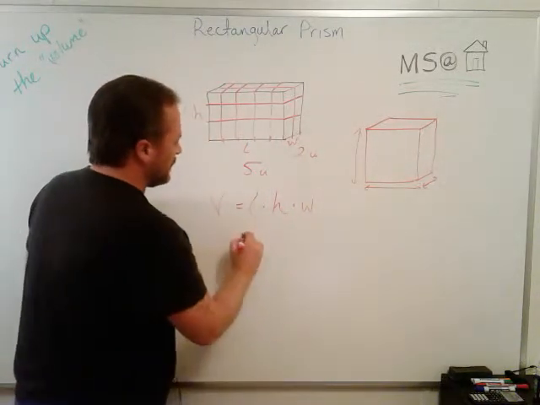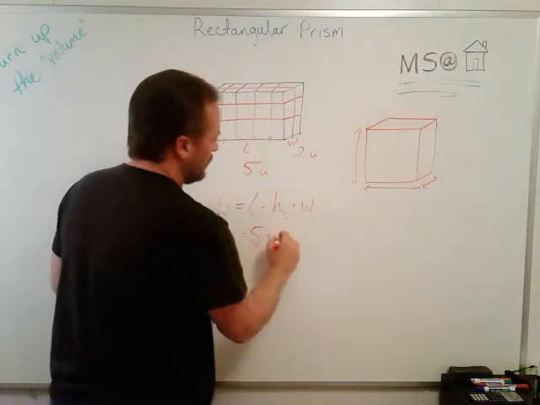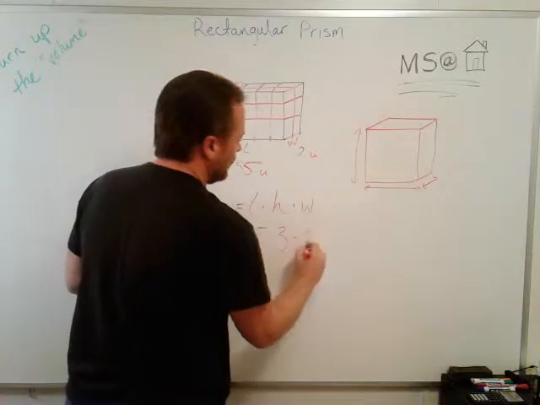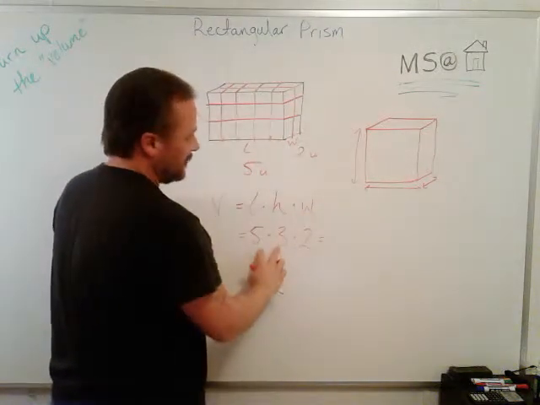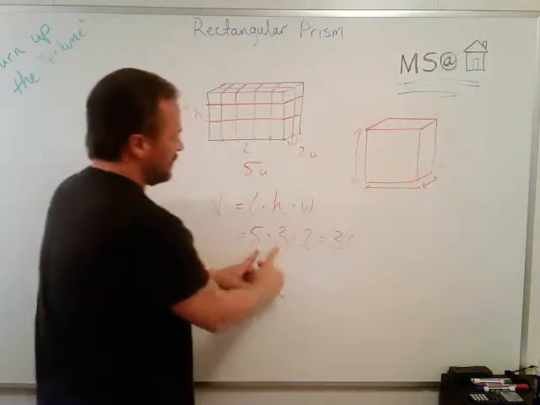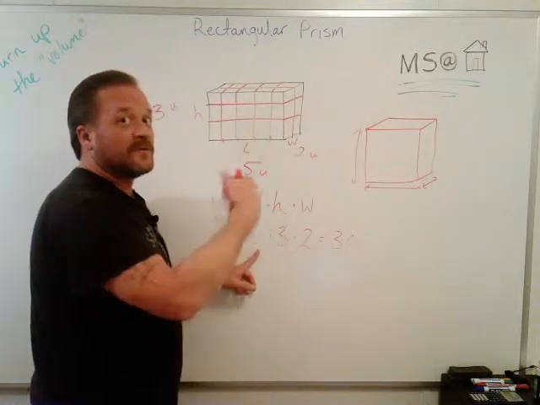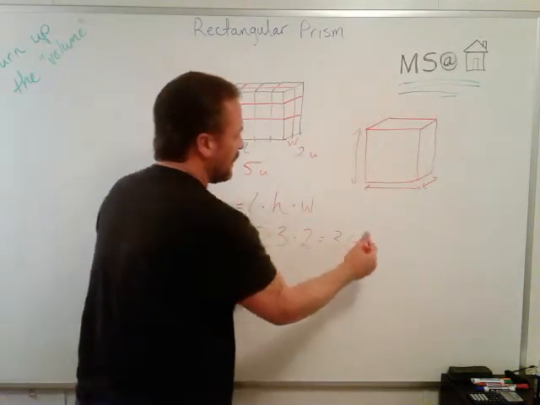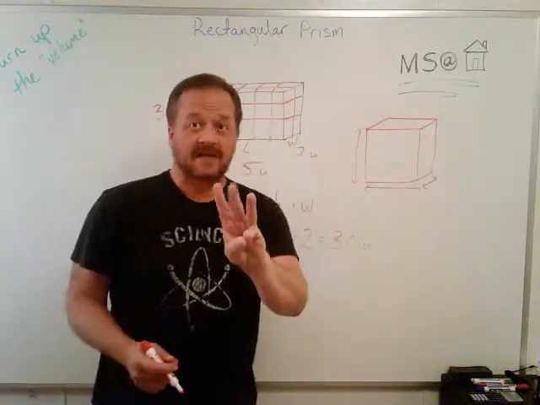Put the numbers in there, that's 5 times the 3 times the 2. And if I know there's 15 in front and 15 in the back, that gives me 30. This right here is the front, times 2 also includes the ones in the back. That's 30 units.